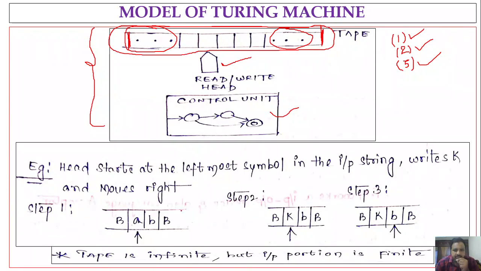See here, in step one, we have the input tape consisting of capital B, small a, small b, capital B. Remember that whenever we write capital B, it is a blank symbol. Consider that the tape head is pointing to the input small a. That means we are reading small a. After reading small a, the tape head has to perform a write operation there.